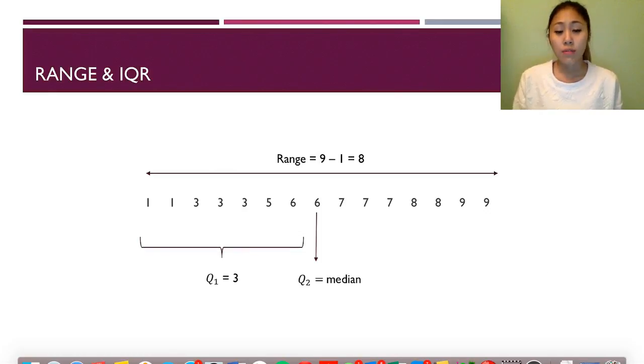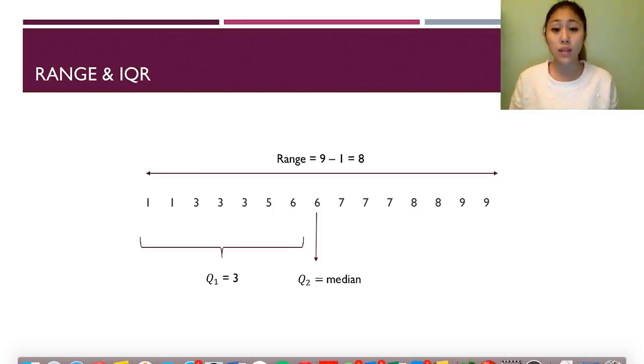Towards the left, we have Q1, the 25%, so the lower quartile. This equals 3. So what you do is you only look at the section from 1 through 6, the bracketed section that's to the left of the median, and you calculate the same thing again: you do the crossing out from left and right equally, and you end up with the number 3 in the middle.